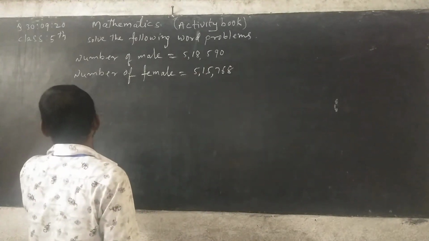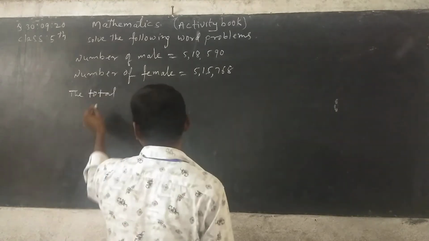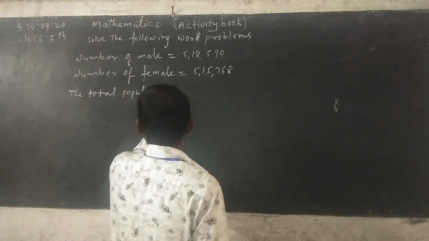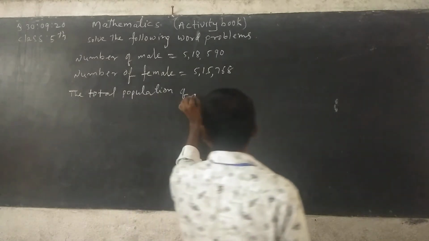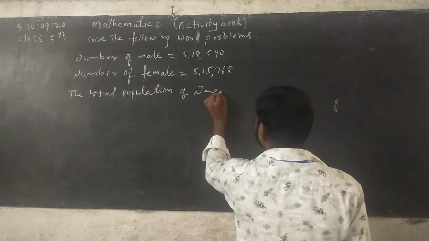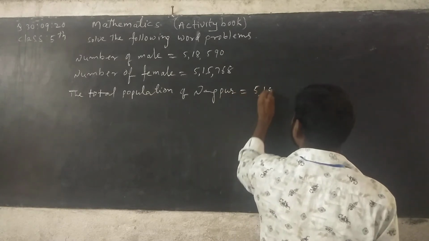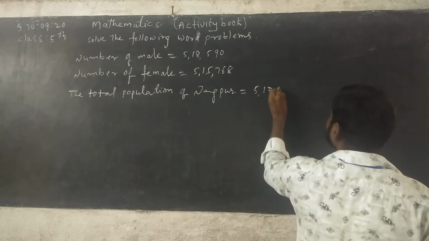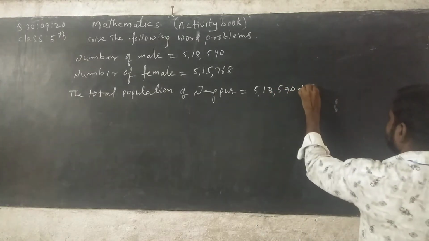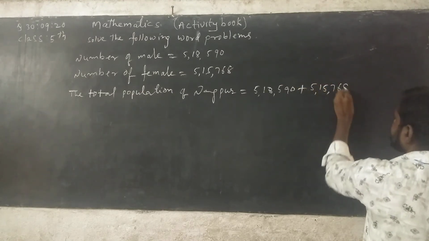The total population of Nagpur is equal to 5,18,590 plus 5,15,768.